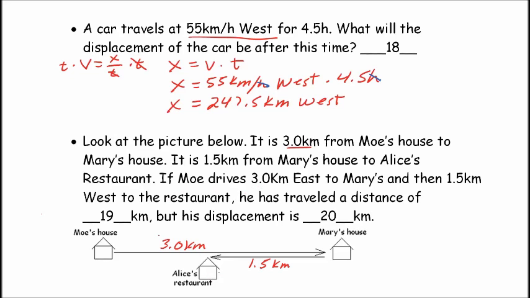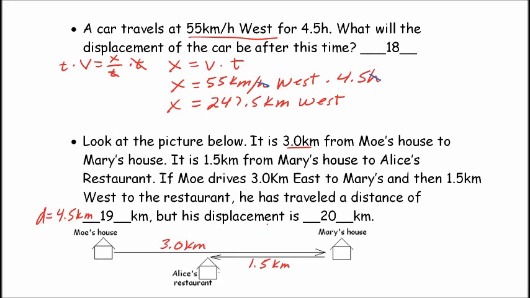If Mo drives 3 kilometers east to Mary's and then 1.5 kilometers west to the restaurant, he has traveled a distance of, and remember, distance is the total length of the path traveled, so that would be 3 kilometers plus 1.5 kilometers. That means the distance would be 4.5 kilometers.